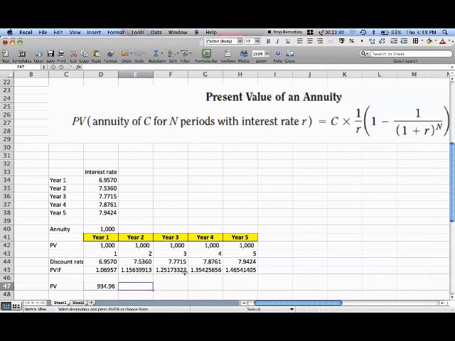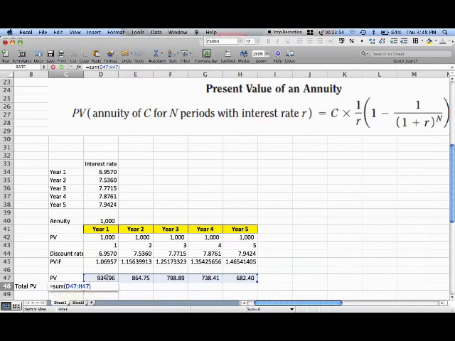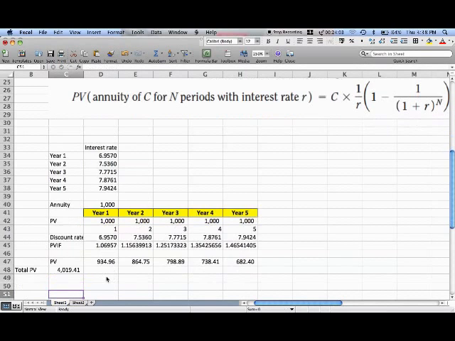I just copy to the right, and then your total PV will be the sum from here. Okay, so you get 4,019 dollars.